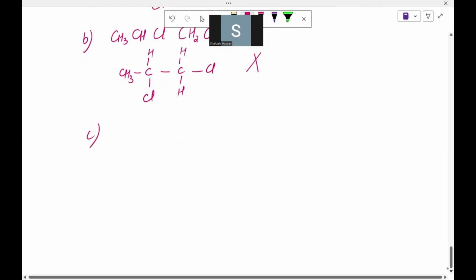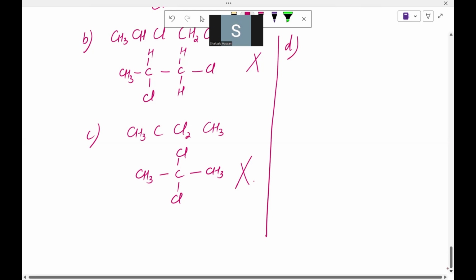Part C we are having is CH3, CCl2, and then CH3. So CH3 is here, Cl is here, Cl is here, CH3 is here. Do you think this is a cis-trans isomer? No, no double bond.